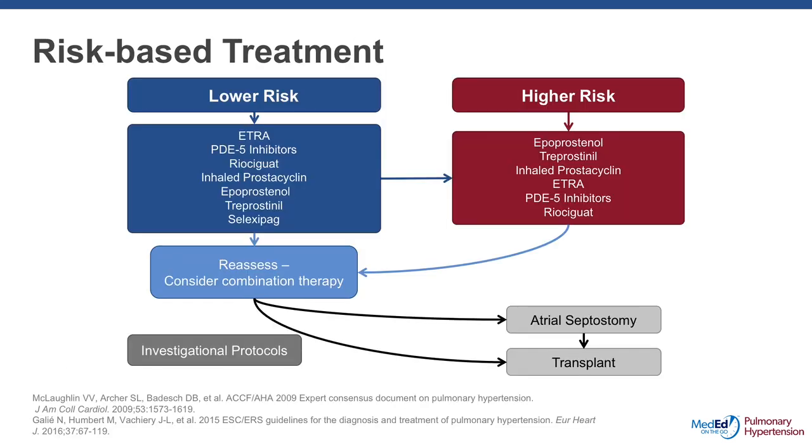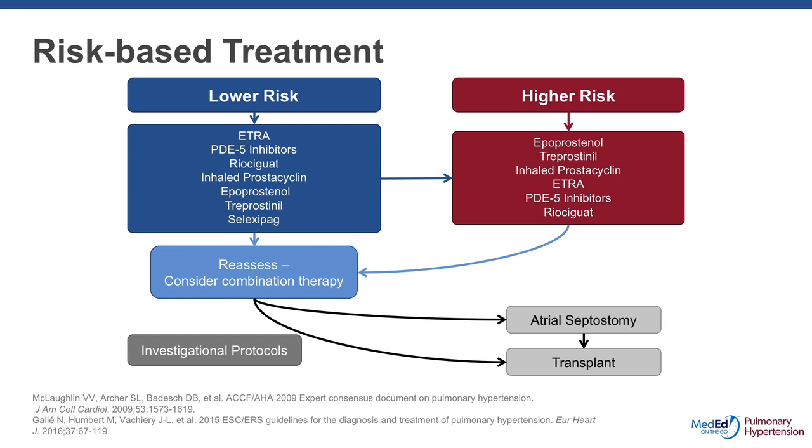So how do we base our therapies? Well, we first assess risk and determine what type of patient is in front of you. And we use several parameters, and I refer you to the ERS-ESC guidelines, which highlight how we assess risk in terms of determining low risk versus high risk, which really leads to what we offer the patient in terms of therapeutic options.